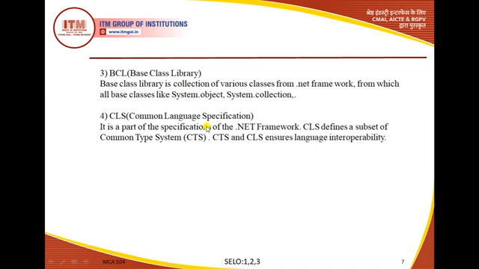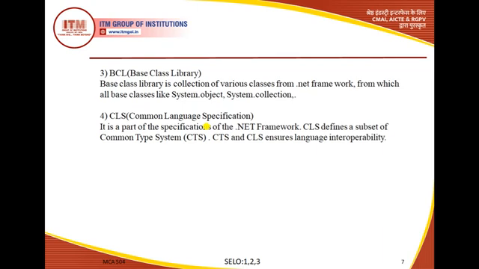Now common language specification, what we studied about it: it's a part of the standard specification given in the .NET framework. Basically it defines a subset of the CTS, common type system, and it actually ensures language interoperability. That is, it ensures that there will be no conflict arising amongst the different languages which are used on this .NET platform. So it's a standard specification already specified when this framework was formulated.